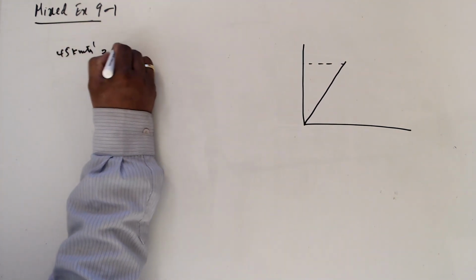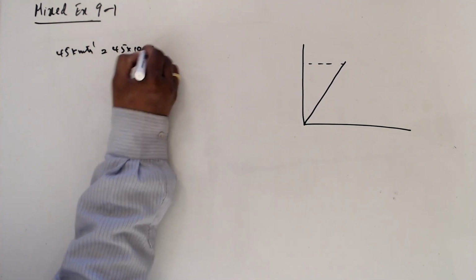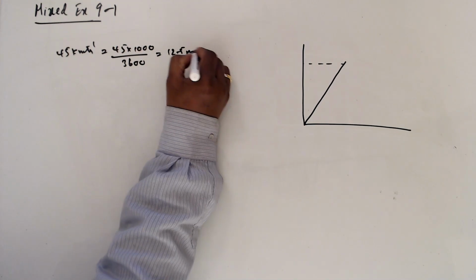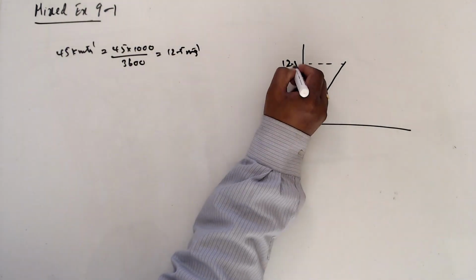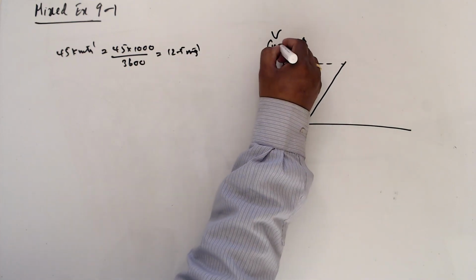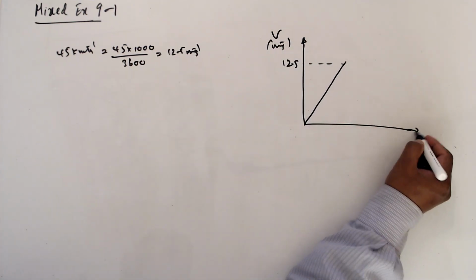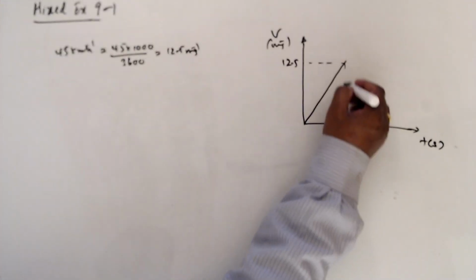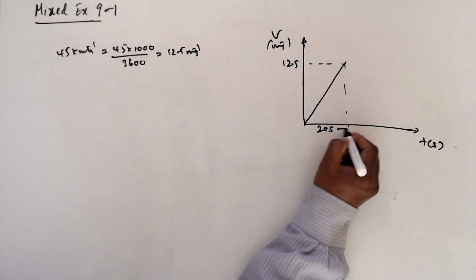We'll convert to SI units, so this is going to be 12.5 m/s. This is velocity in m/s, and this is t in seconds, and it will reach 12.5 at 20 seconds.